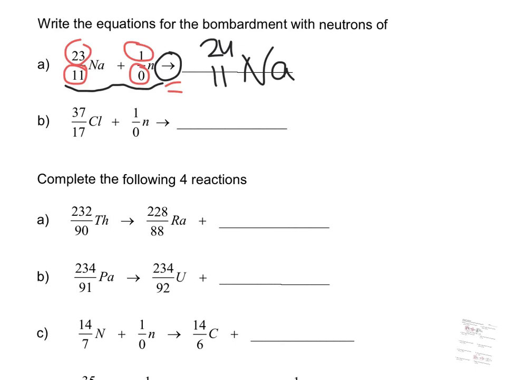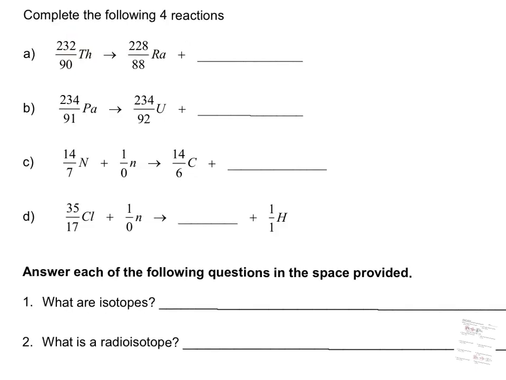It's nice and balanced. All right, for the last example, why don't we try one of these guys out? So we've got right here, chlorine 35 goes through neutron bombardment. All right, the arrow is like an equal sign. So 35 plus 1 is 36.